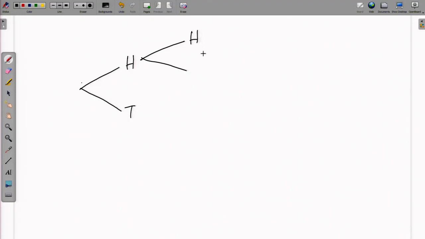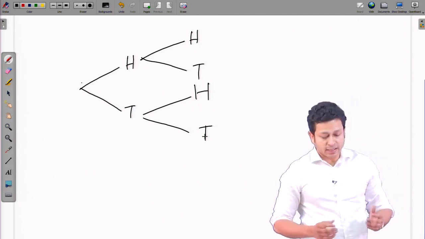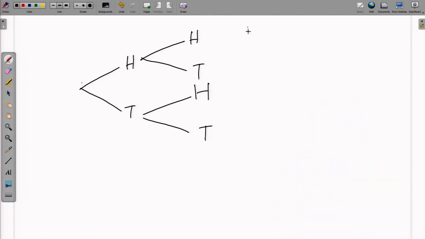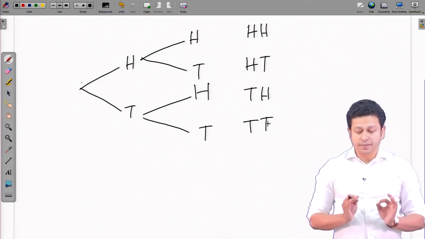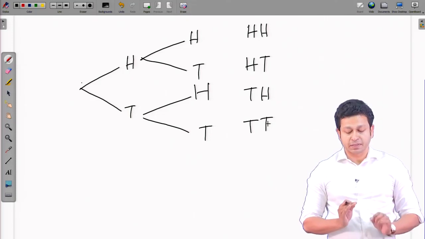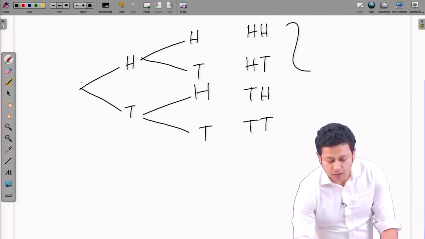So you can have H, you can have T, you can have H, you can have T. Now, when I say outcome, outcome essentially means the last result that you get. So here you have HH, HT, TH, and TT. All these 4 are the final results that you have gotten out of this random experiment. So these are all outcomes.